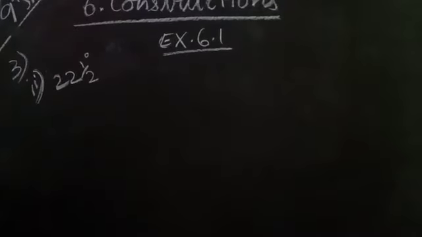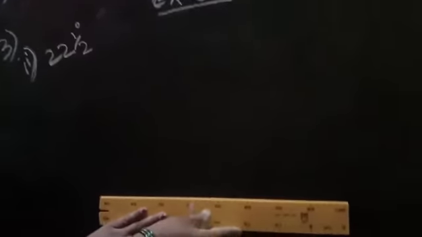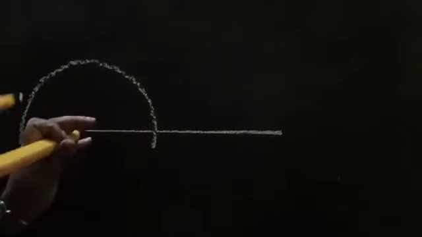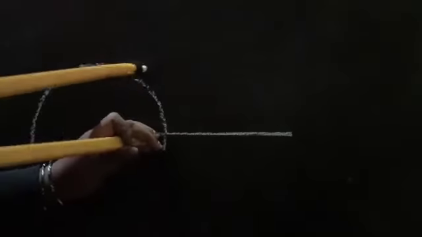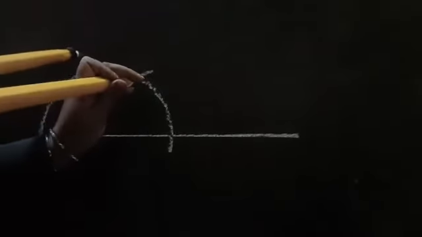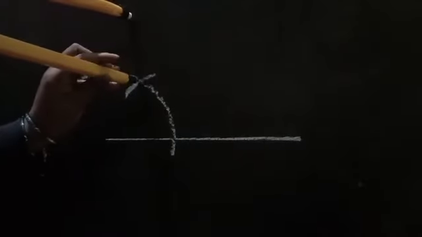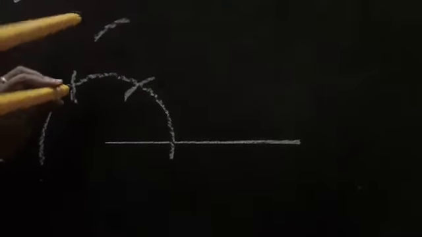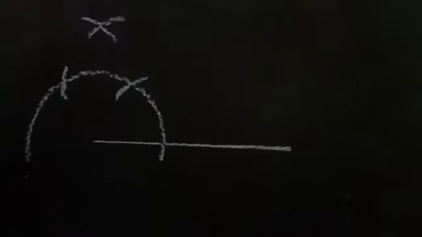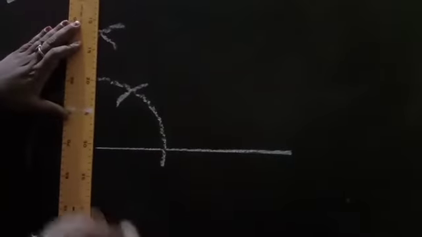Second question is 22 and a half degree. So first we have to take 90 degree. How should we do? First draw a straight line, then a semicircle. Again from here it is first arc, again from here second arc, this is third arc, from second arc to fourth arc, join this, we'll get 90 degree.